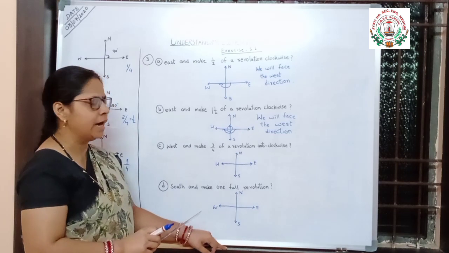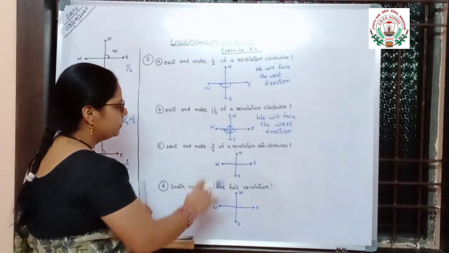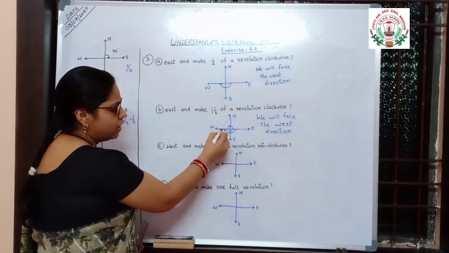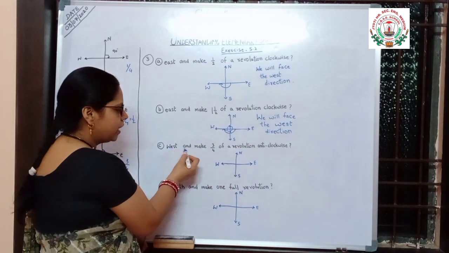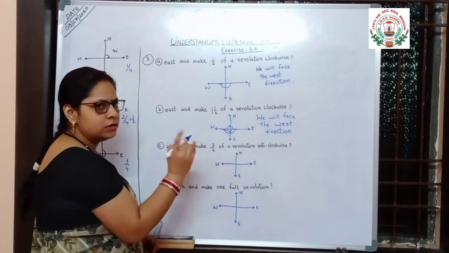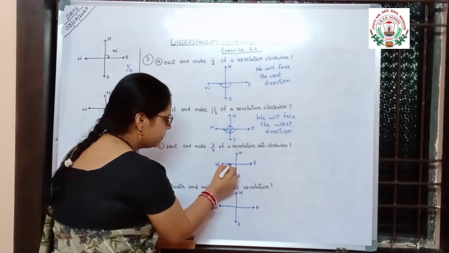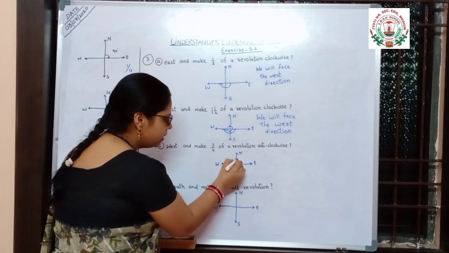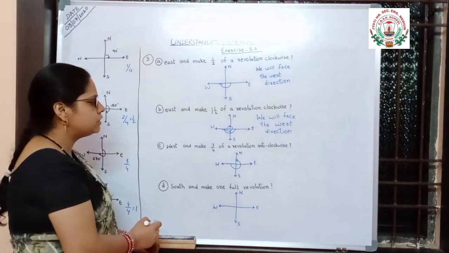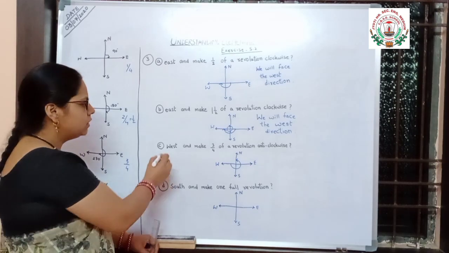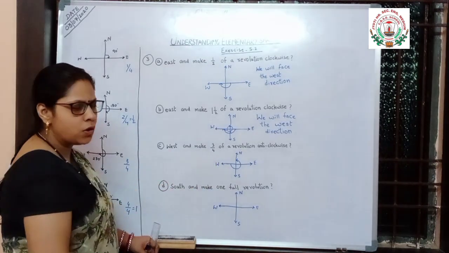That is called anti-clockwise. So as we are making the arrow here, now it will move in the opposite direction. So starting from the west and moving in the opposite direction, covering 3 of the parts out of the 4. So starting in this way and covering 3 of the parts. So now towards which direction will it face? It will face towards the north direction.